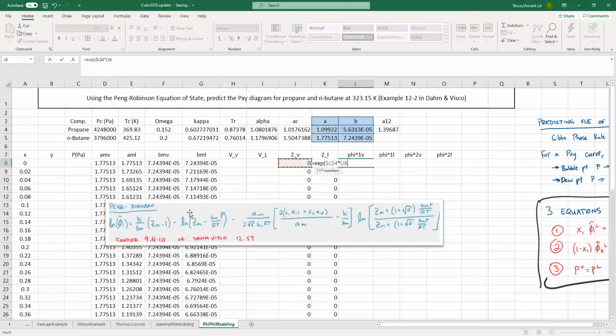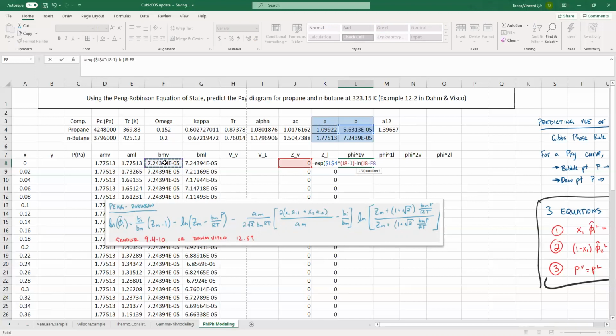the vapor, minus 1, minus ln of Z minus B mixture for the vapor.